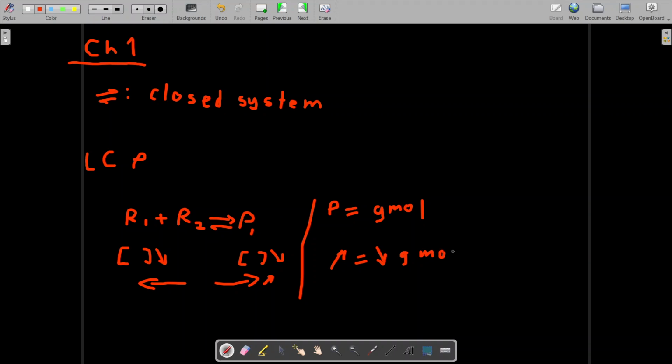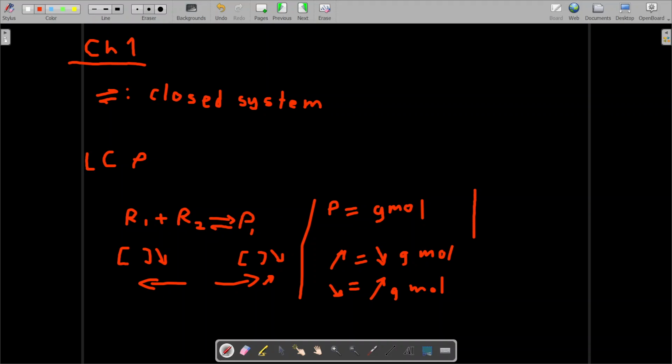But when you decrease pressure, you look for more gaseous moles. That's it. Honestly, that's it for pressure.